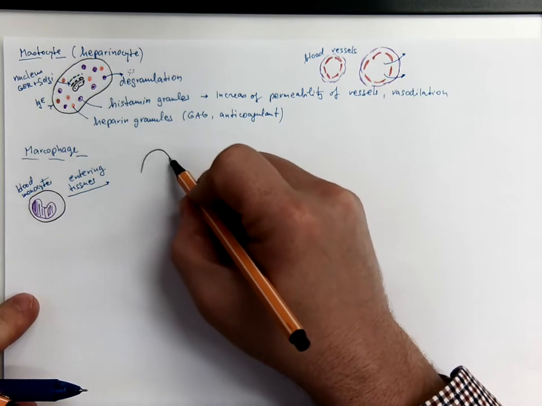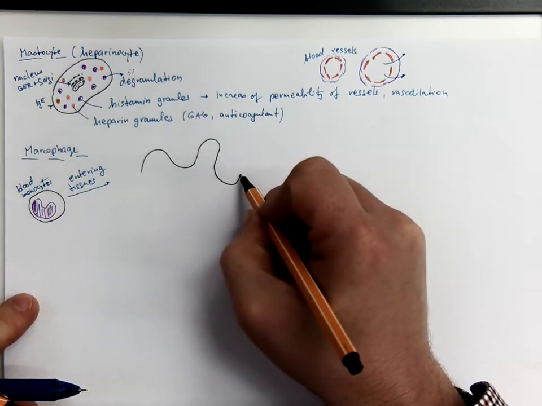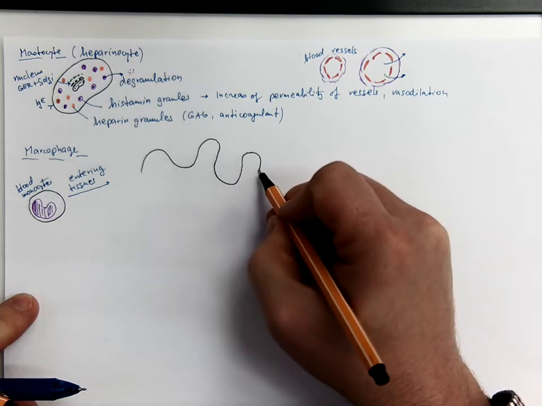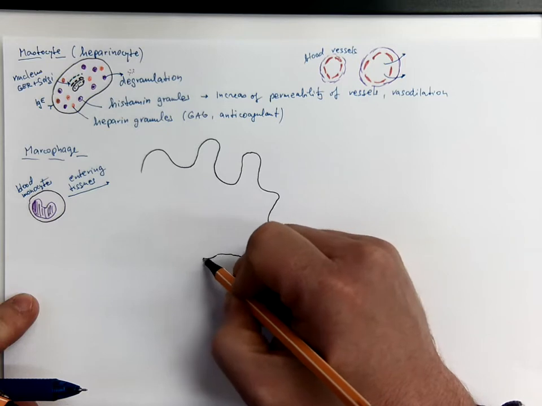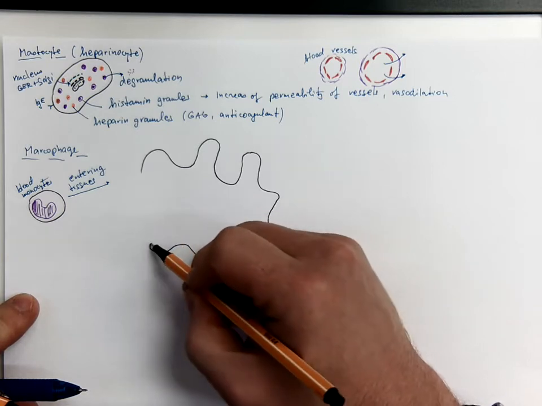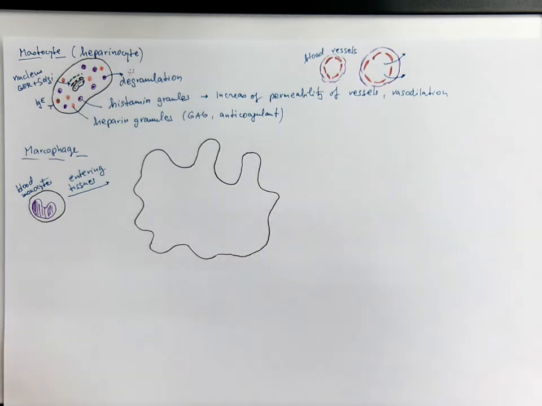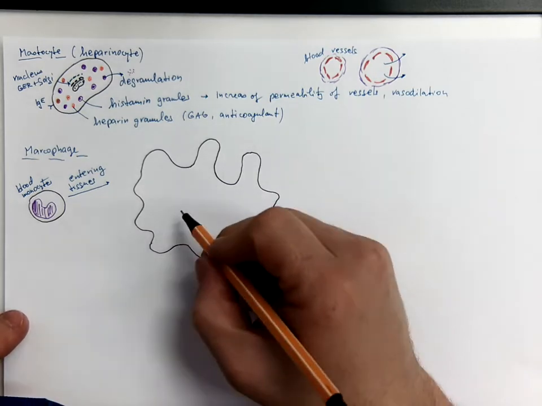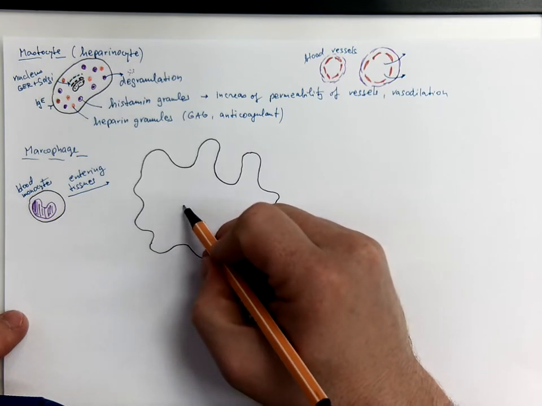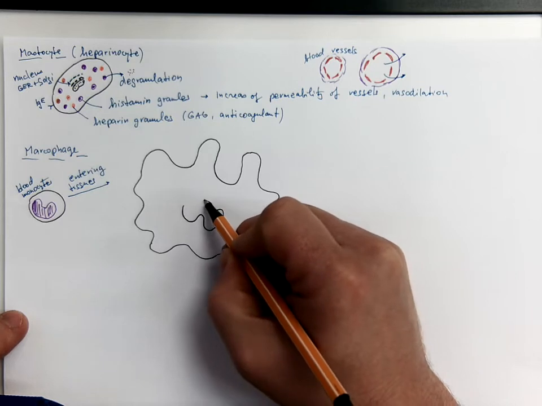Macrophages are huge cells with many irregular cell processes, and they are wandering through tissues and searching for antigens they might eat. The cell nucleus has also a highly irregular shape.